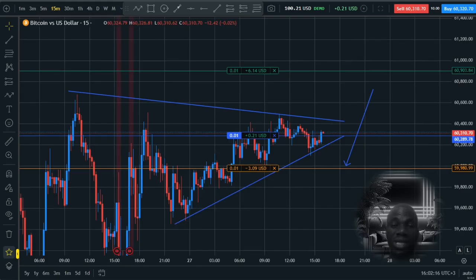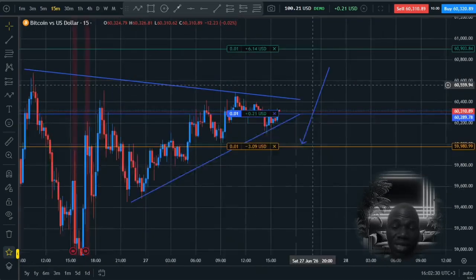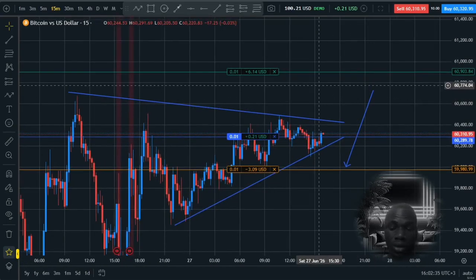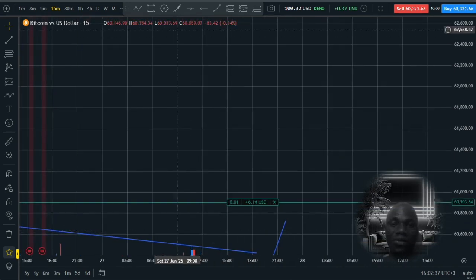What does it mean? With an ascending triangle, we shall see that the market is going to be bullish. The way it is moving now, it is a bullish market. So how does it form?